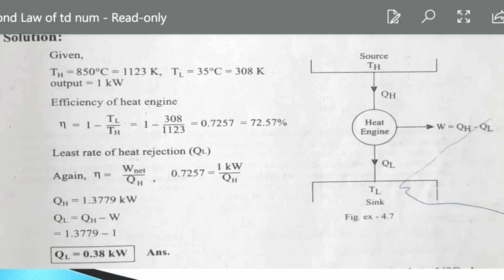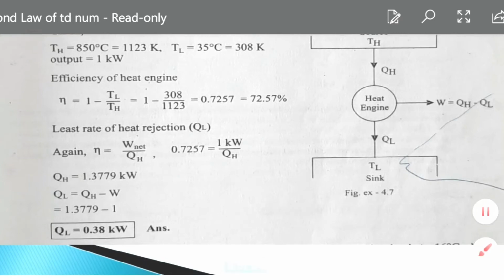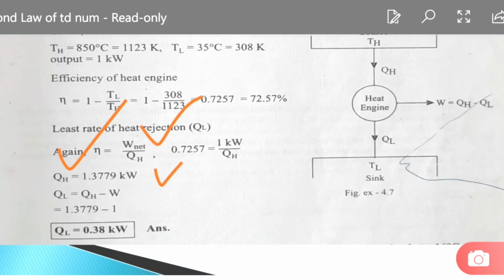Okay, now actual efficiency is eta equal to work done upon heat supplied. Eta actual is work done upon heat supplied. So efficiency is 0.7257, so 0.7257 equal to work done upon heat supplied.